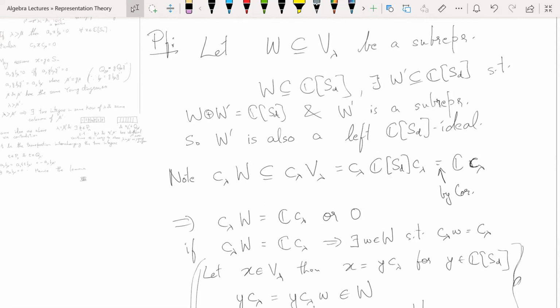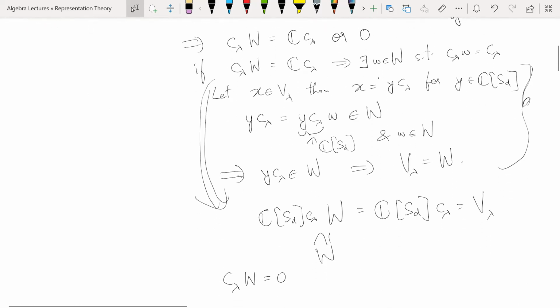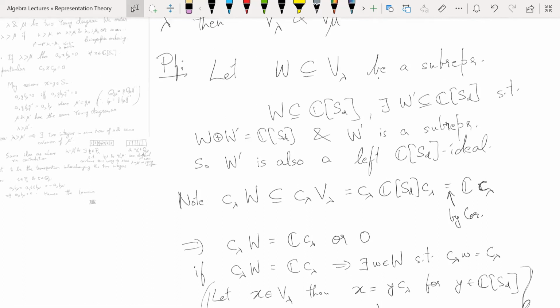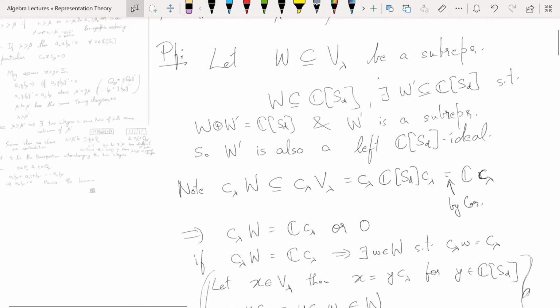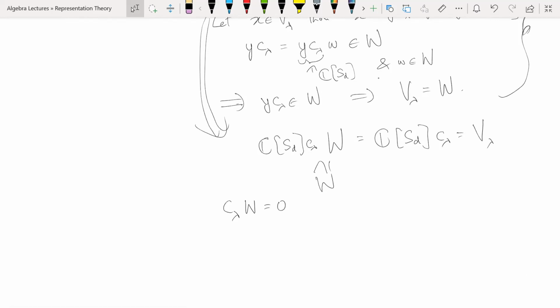So W plus W prime. So W is also a quotient of CST.